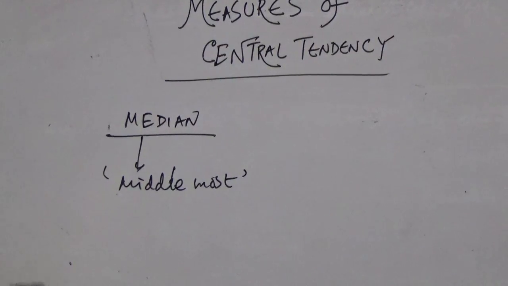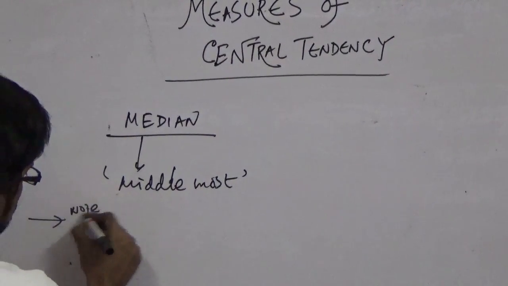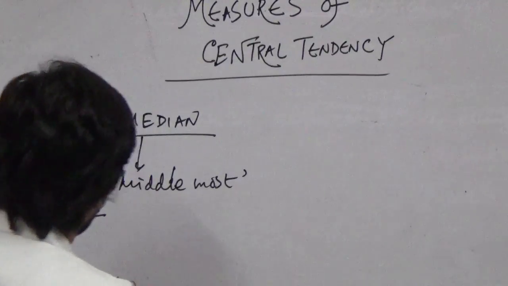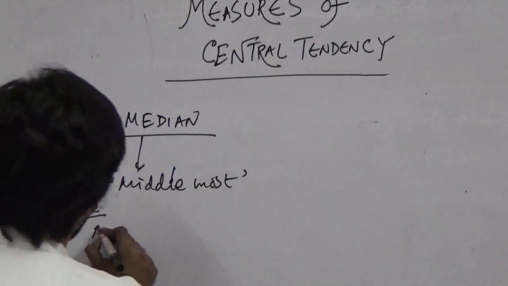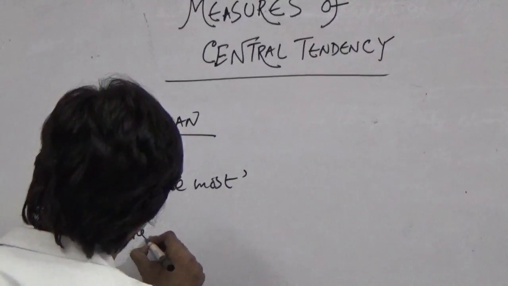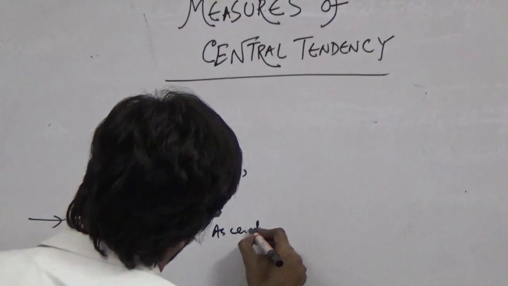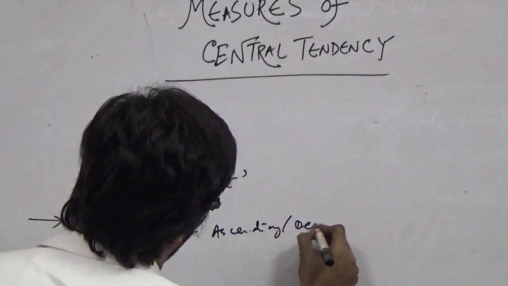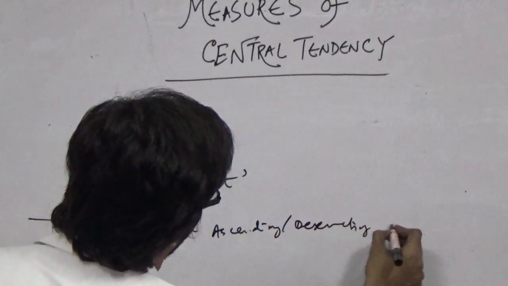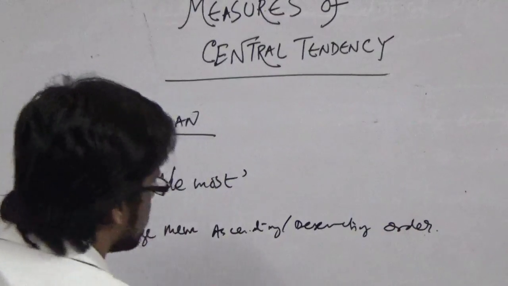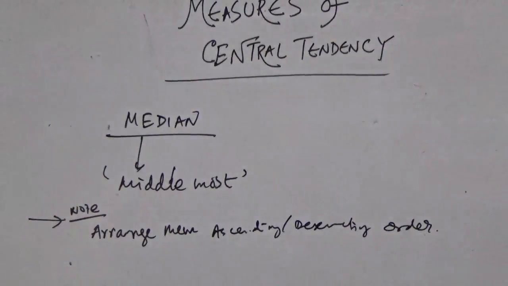But in order to do that, you have to arrange them in ascending or descending order. Order doesn't matter here. Any kind of order you can do, and take the middlemost value. If there are two values, you take the average.